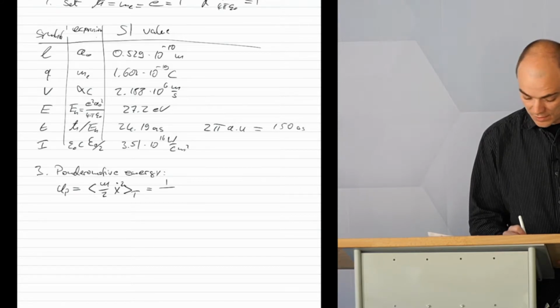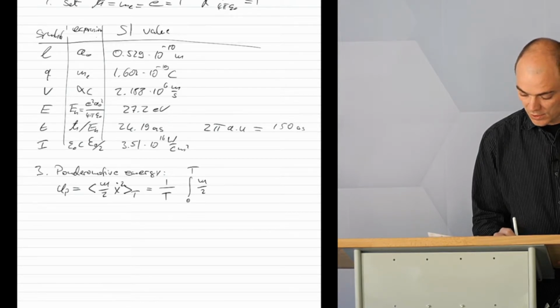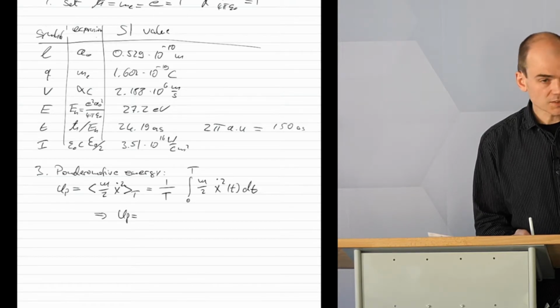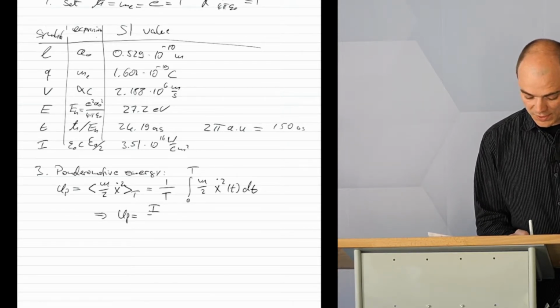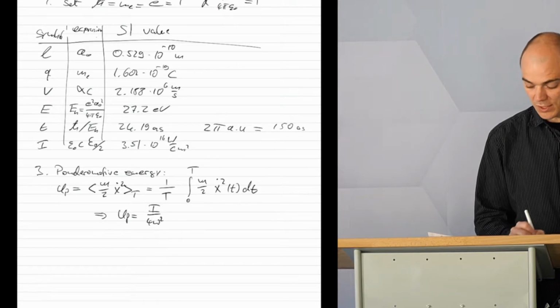And then 1 over T, integral over 1 cycle, m over 2, x dot squared. The result in atomic units would be intensity divided by 4 omega squared.